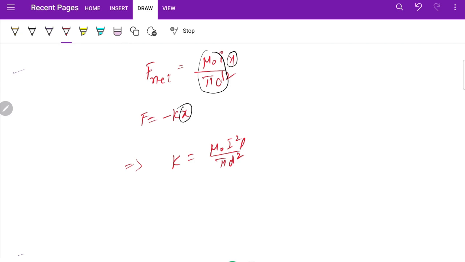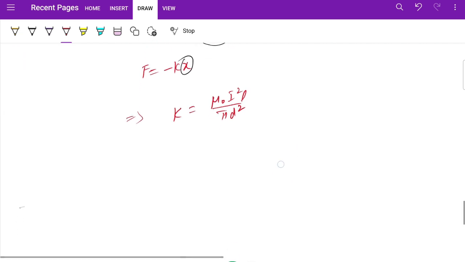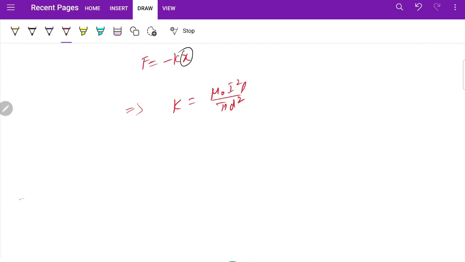Okay. Actually, previously we calculated the force per unit length. I take that L here. Okay. So then remember the relation between k and angular frequency. How are omega and k related?